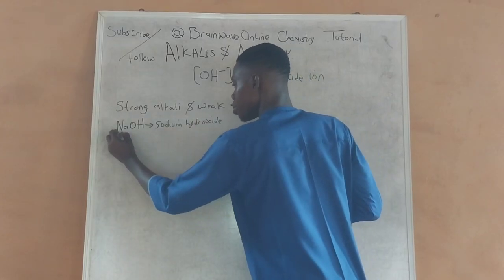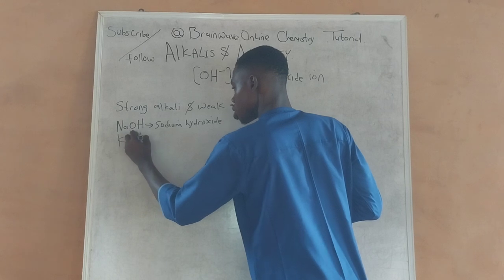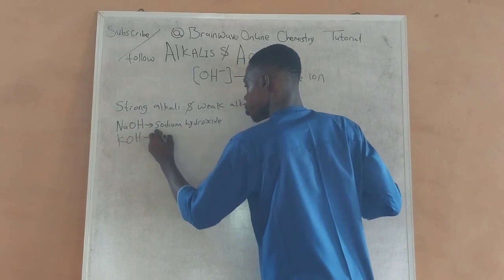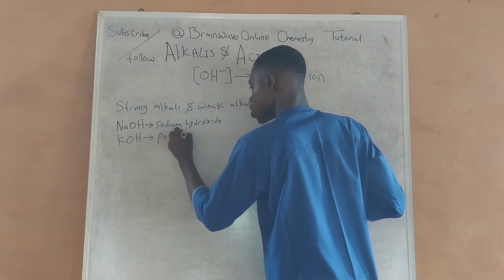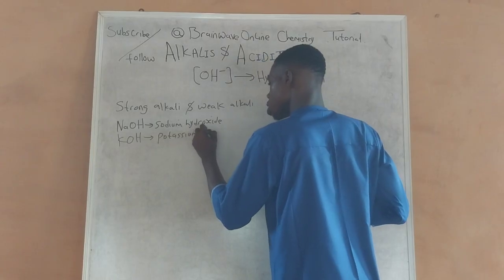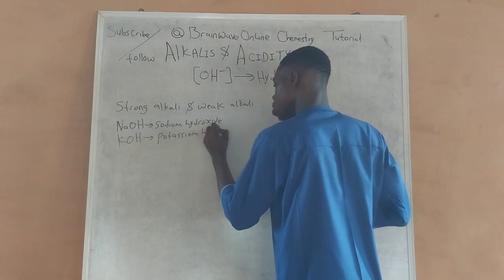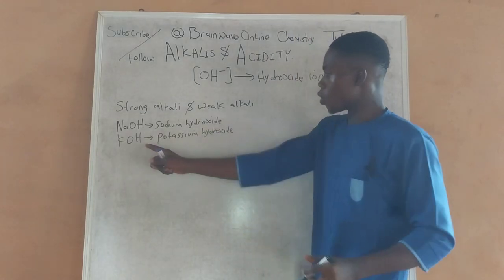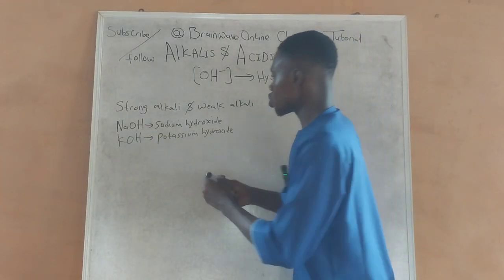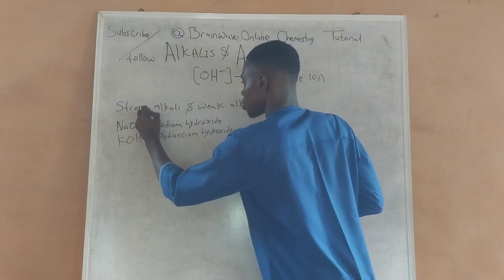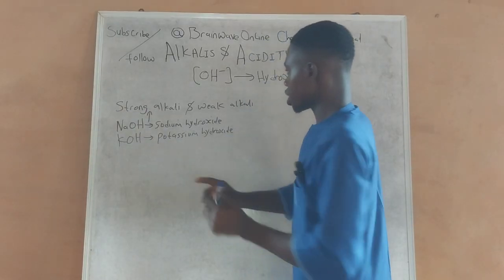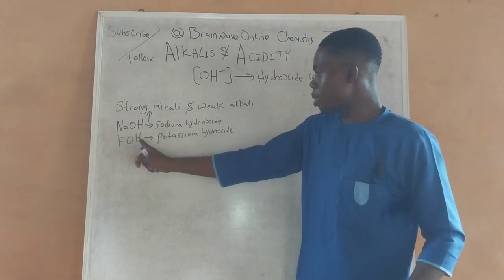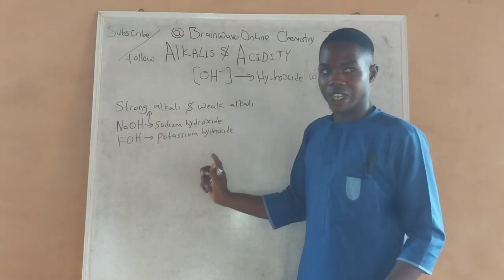We also have potassium hydroxide. So these are some examples of strong alkalis: potassium hydroxide and sodium hydroxide.